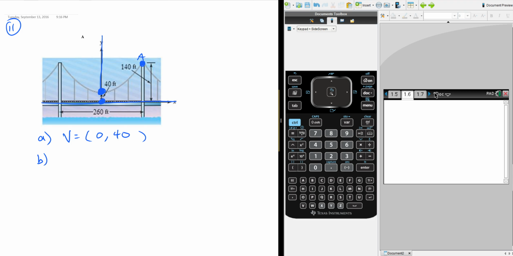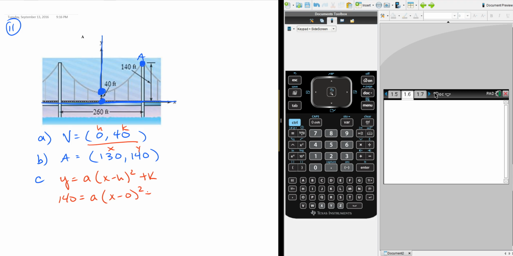Since we have the vertex, we can use vertex form, y equals a times (x minus h) squared plus k, because we know h and k. If I start plugging in what I know, I can say that 140 is equal to a, which we don't know, times (130 minus 0) squared plus 40.